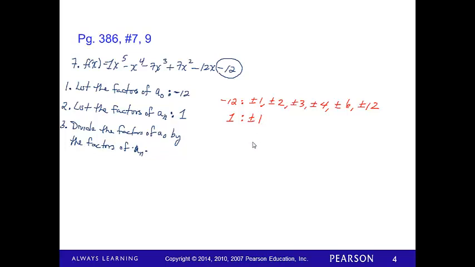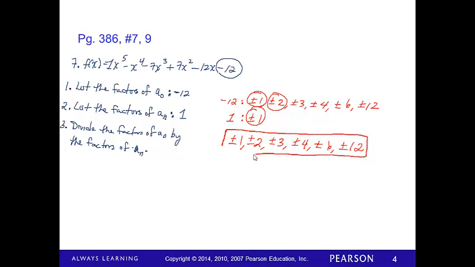So it's just plus or minus 1. And then we're going to divide them. So plus or minus 1 divided by plus or minus 1 is still plus or minus 1. Plus or minus 2 divided by plus or minus 1 is plus or minus 2, and etc. And these are all the possible factors of the polynomial f of x in number 7.